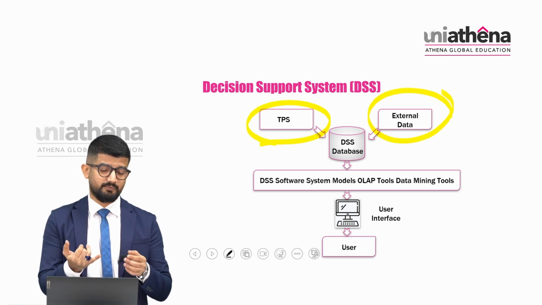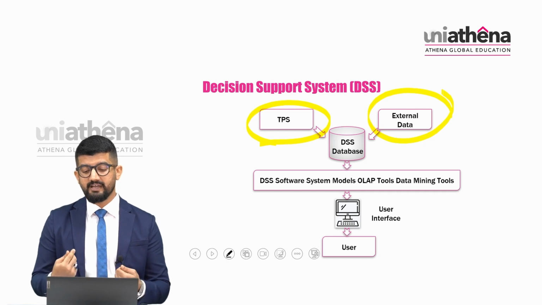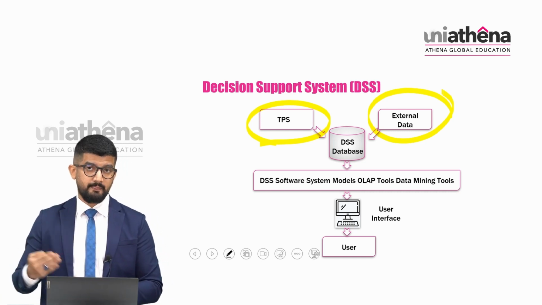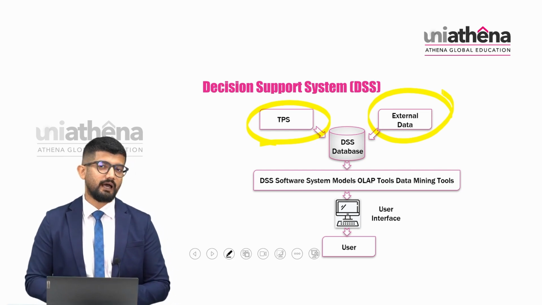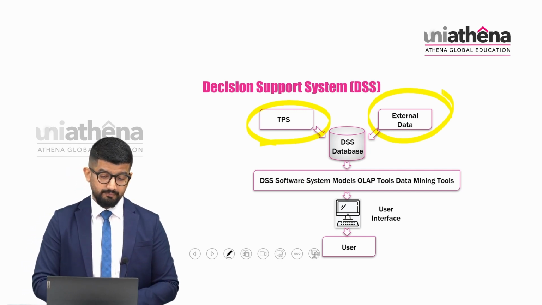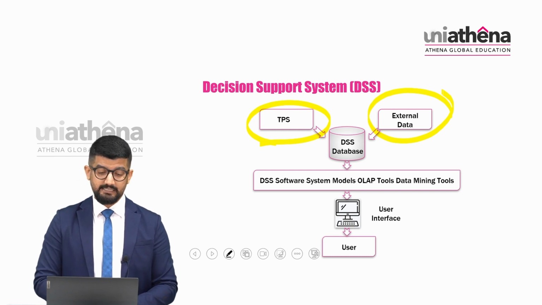Customer's data is the customer email, customer name. This is the most basic example of external data. It can grow much larger than this if you have profile segmentation of customers, if you have B2B clients, if you have corporate relations with governments, and so on. So these are the two typical inputs to the DSS database.